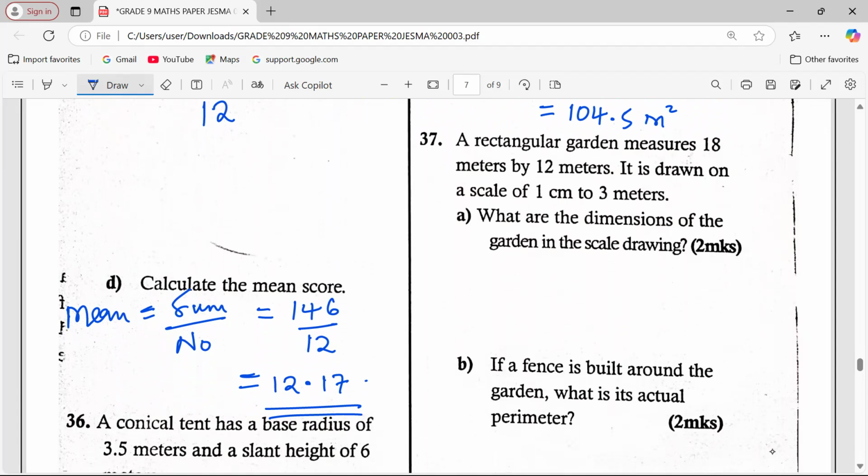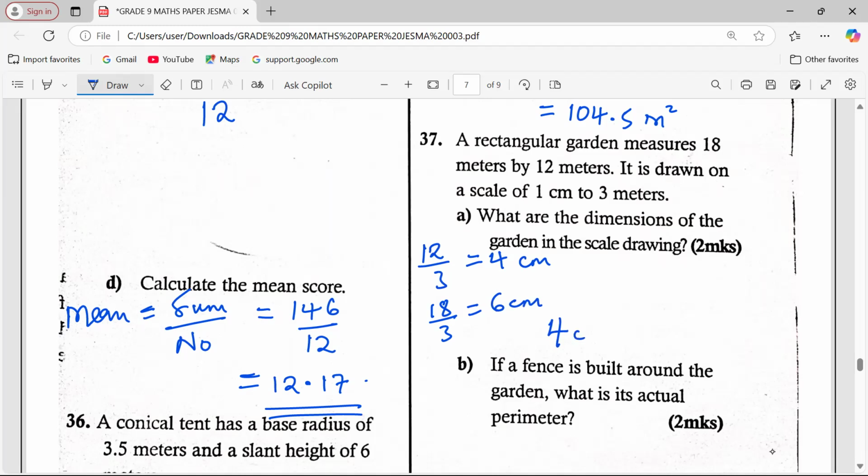37. A rectangular garden measures 18 meters by 12 meters. It is drawn on a scale of 1 centimeter to represent 3 meters. Part A, what are the dimensions of the garden in the scale drawing? So in a scale whereby 1 centimeter represents 3, then 12 meters will be represented by 4 centimeters, and 18 meters will be represented by 6 centimeters.